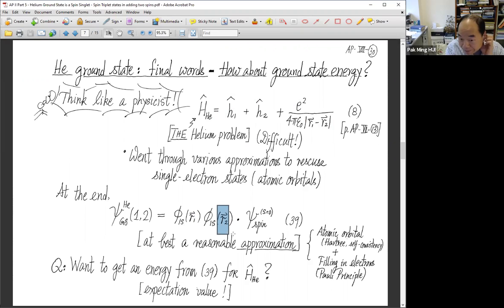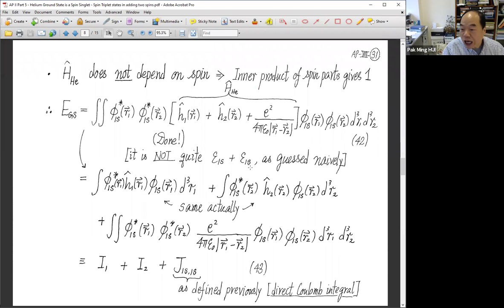It can be done, but rather involved. So in order to get the helium atom ground state, you need to do that, and you pick up the J integral, the direct Coulomb integral. I'm trying to look back and tie things up with the previous discussion.